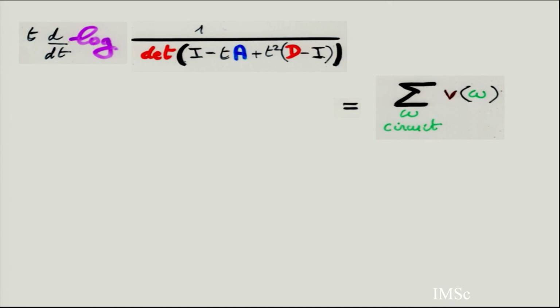And then I am going to take t times the logarithmic derivative of the inverse of this determinant. Usually, if there was only this, it would be the usual paths. But then you have to have this term. So D minus I means that it's a diagonal matrix such that the term ii is the degree of the vertex i minus 1.